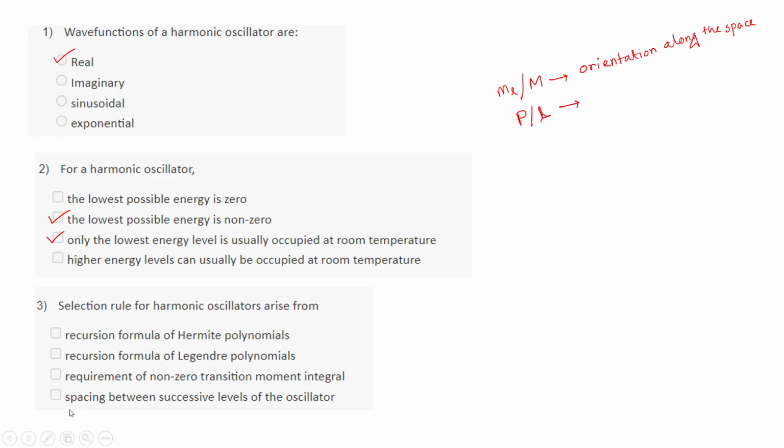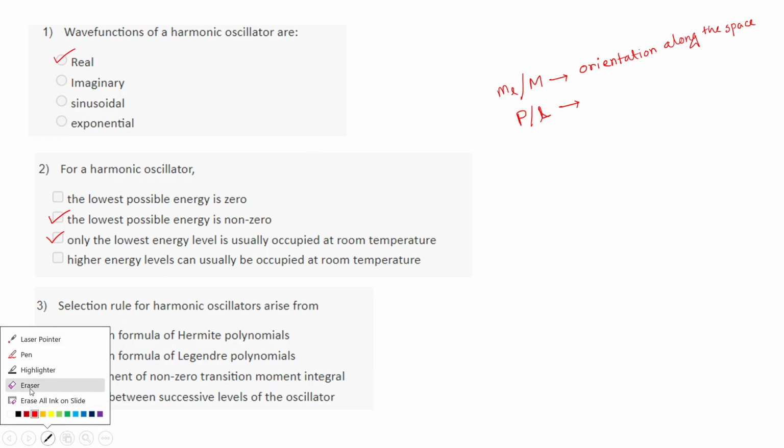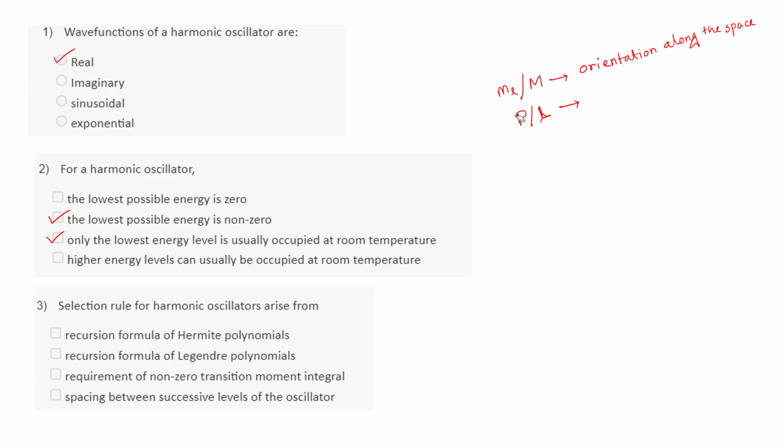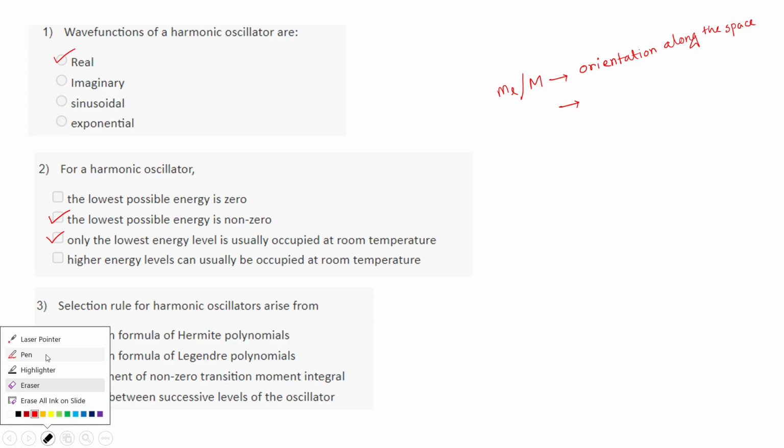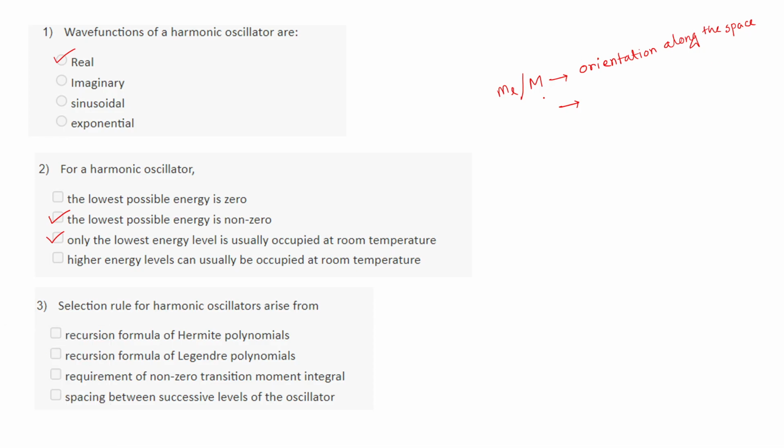So the big L will give you the shape of the orbital, and n in case of the hydrogen atom will give you the energy levels, right?